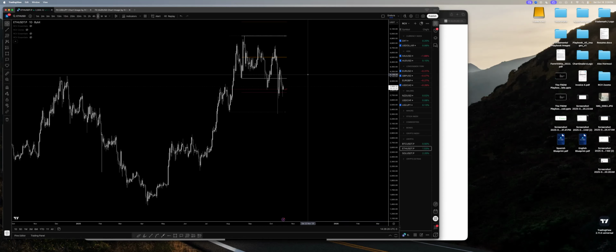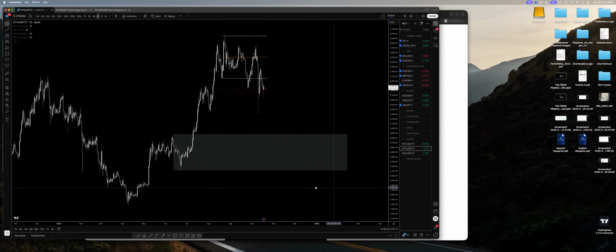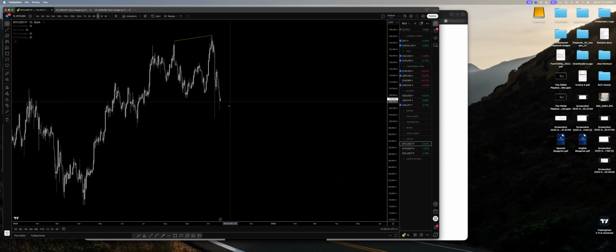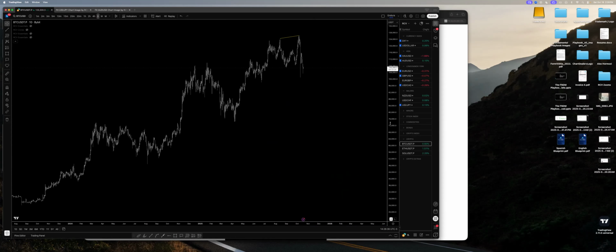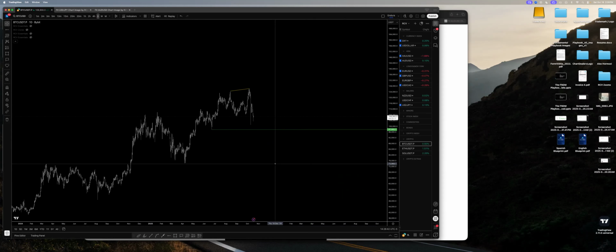So personally, I want to see this go a little bit lower. I would love to see right below, right back into the 2900s on here. I would love to see potentially right below this. I want to see this give us a move to the downside, and then who knows?